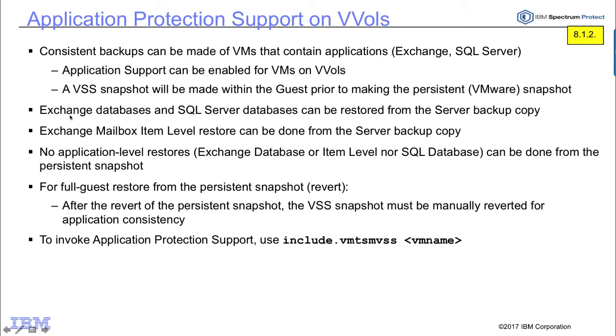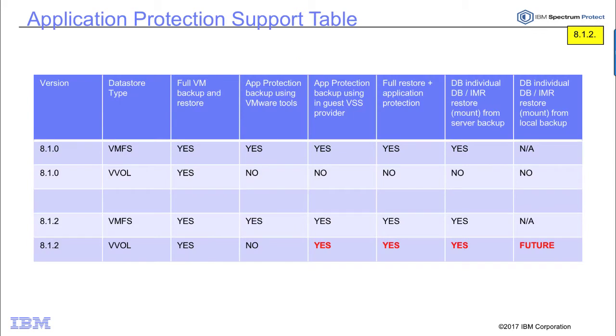Now, there are a few limitations for this still, and again, this is something we're working on in our agile development, and those limitations are best described by taking a look at this table. So I'm not going to read it to you completely, but just tell you about the features. Basically, we've added support for application protection in VM-based backups where the backup is stored on the Spectrum Protect server.